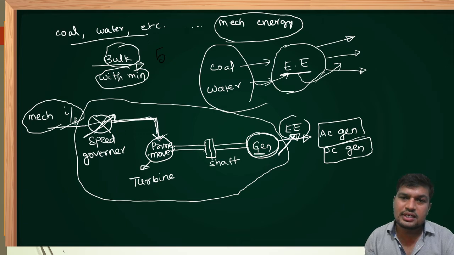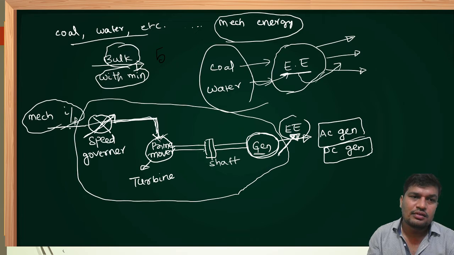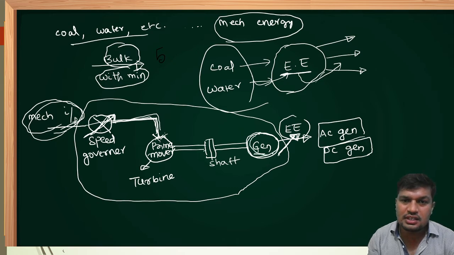Therefore, at the load side, variations are possible always. According to that, we need to vary the steam input in order to maintain synchronous speed. For that, we are varying speed governor so that steam input to the prime mover also varies in order to control speed of the synchronous generator for variable load conditions, which is called synchronous speed.